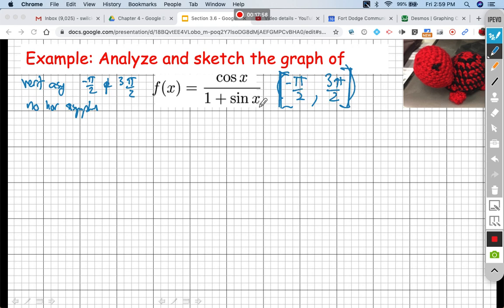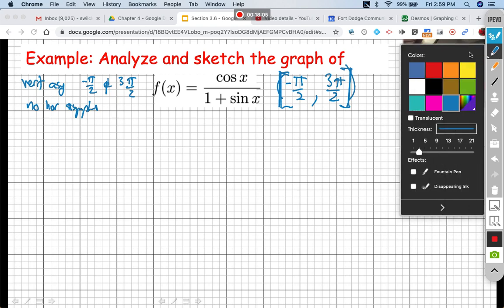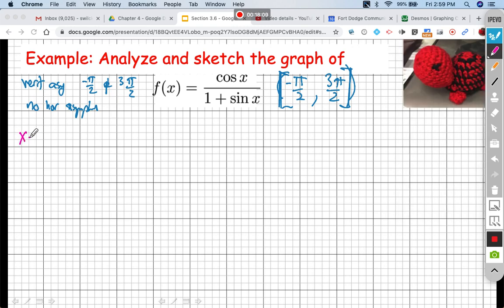By definition, I have no limit, right? So that kind of makes that a little bit easier. So now let's look at my x-intercepts. My x-intercept is going to occur when the cosine of x equals 0. Cosine of x equals 0 is going to be at pi over 2.